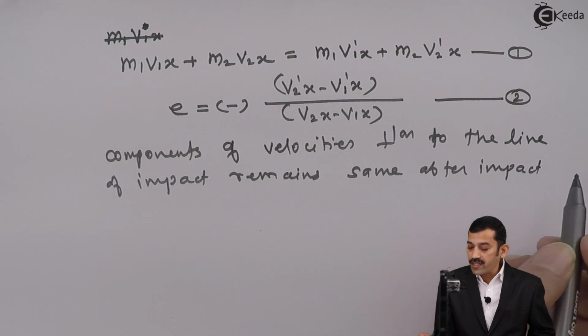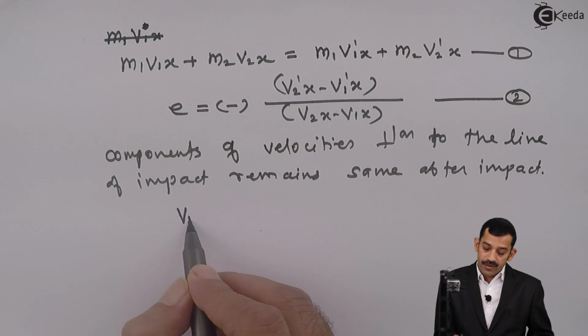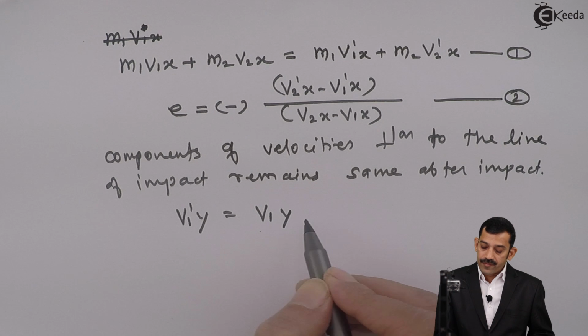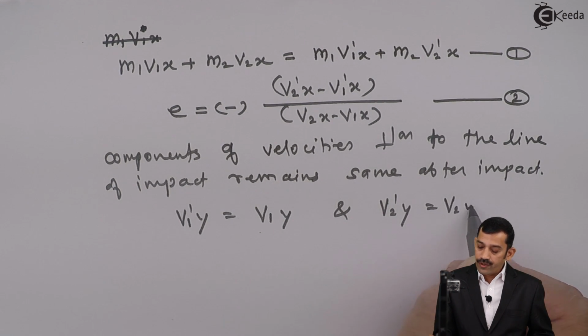That means as the line of impact is horizontal, the vertical component remains the same. That means v1 dash y equals v1y and v2 dash y equals v2y.